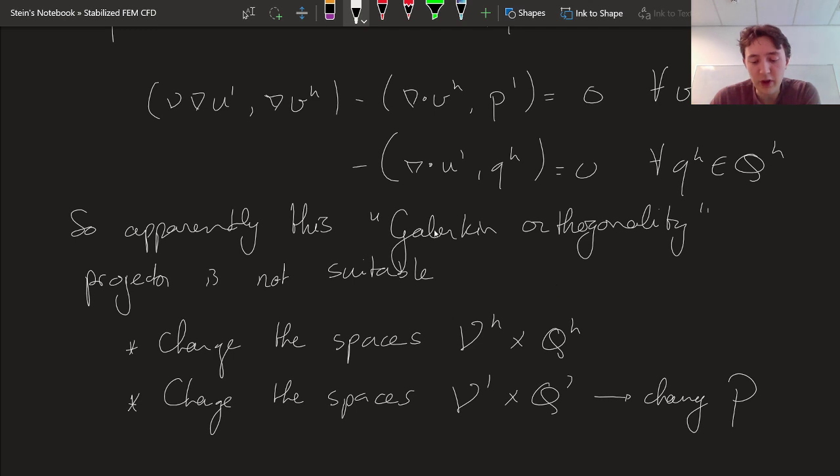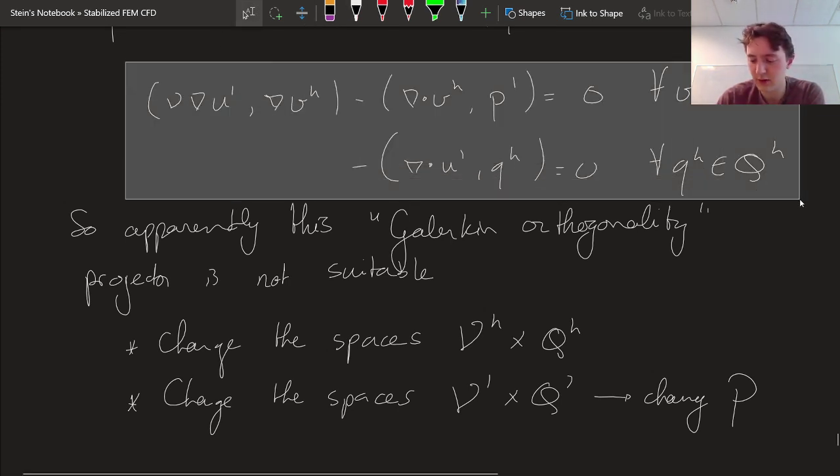So what can we do to change this projector? Well, I would say we're going to add some sort of weighting, either L2 weighting or some sort of H10 weighting, some weighting on the error that is coercive and symmetric. So I'll copy this over.